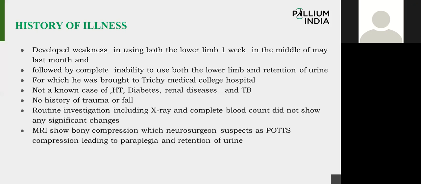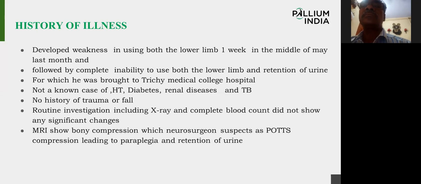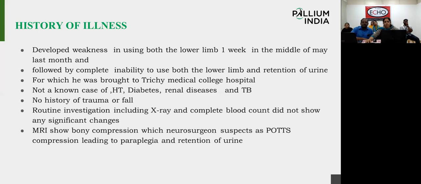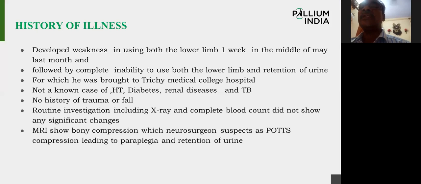Routine investigations including X-ray and complete blood count didn't show any significant changes. MRI shows bony compression, which neurologists suggest is a Pott's compression leading to the paraplegia and retention of urine.